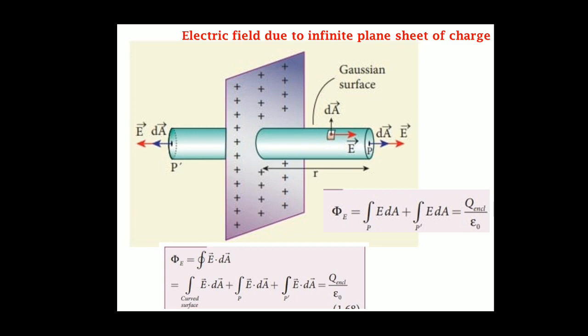That alone is written: phi is equal to E dA cos 0, and cos 0 is 1. Here also E dA cos 0, 1. Q is the total charge enclosed, and remember this Q enclosed is enclosed by the Gaussian surface. It is not the whole charge present on the sheet. What is the charge enclosed within the Gaussian surface? That's why the word is written as enclosed. Are you clear? Shall I proceed?